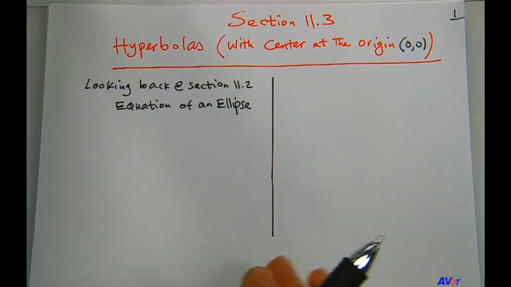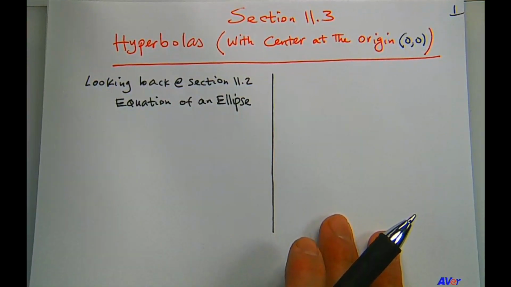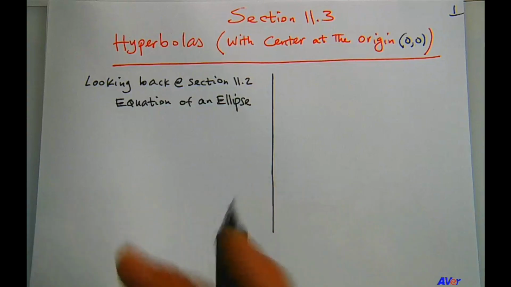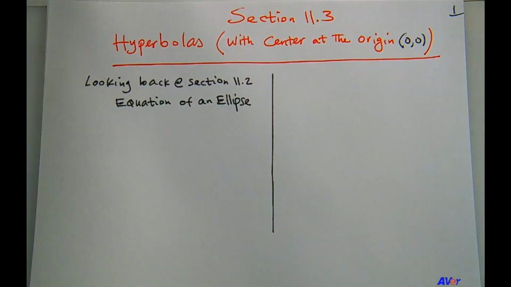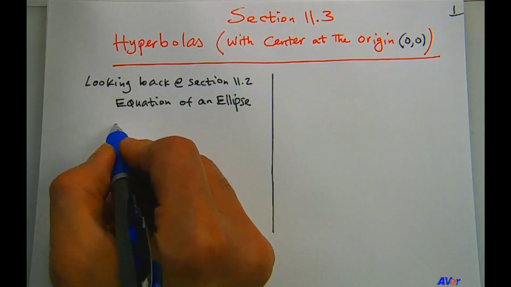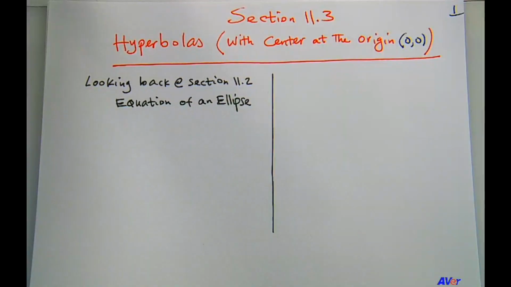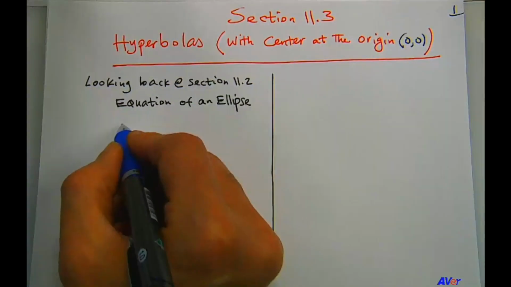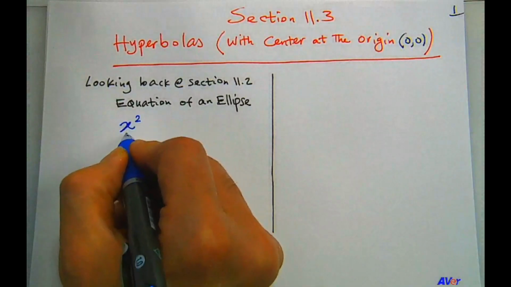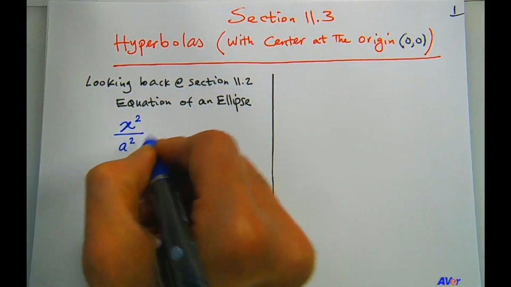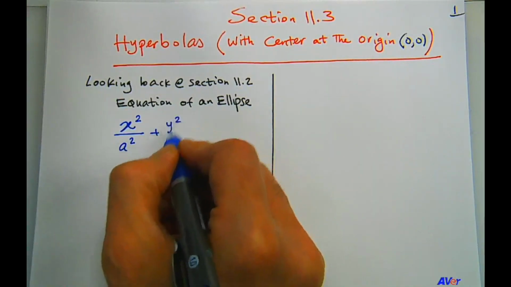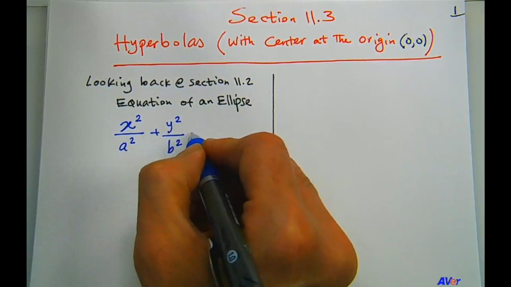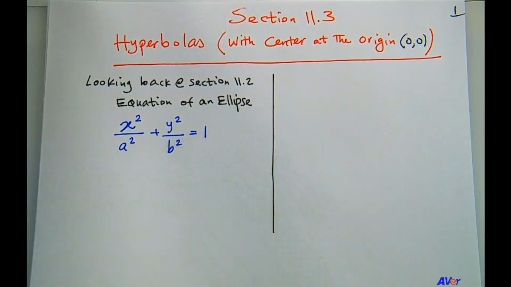So looking back at section 11.2, when we covered the equation of an ellipse, it looked as follows. It was x squared over a squared plus y squared over b squared equals 1, right?